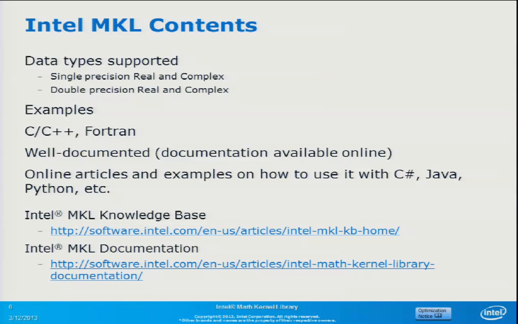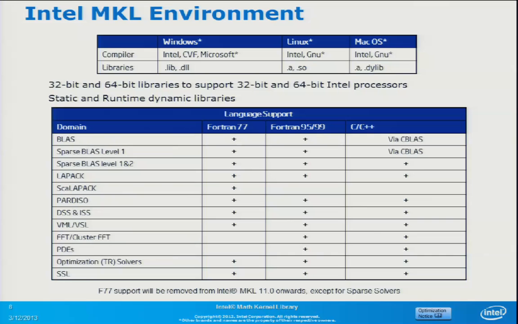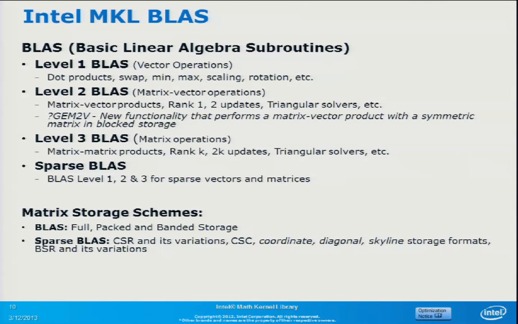And there's access via a function library called CBLAS, which allows access to these functions from C. Of course, on the Intel web page, you find a nice knowledge base and forums and documentation. I think there's even a full forum about MKL. Quite popular.